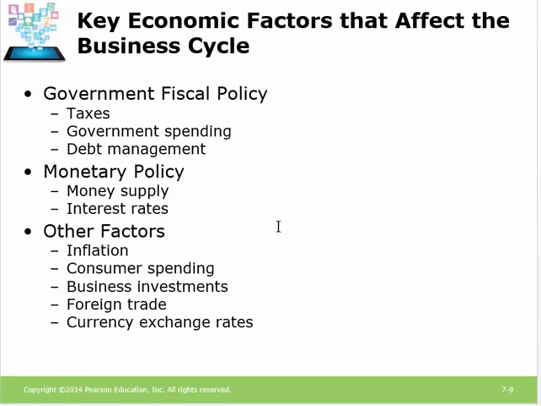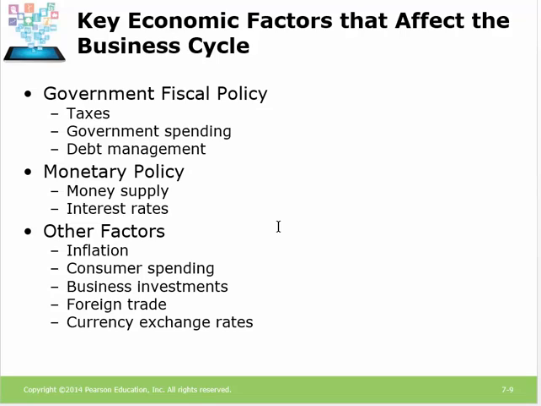What other kinds of factors can affect the business cycle? Well, certainly the government's fiscal policy, how the government spends money. How are tax revenues gathered? How much taxes are available to be gathered? What kind of spending do they have?